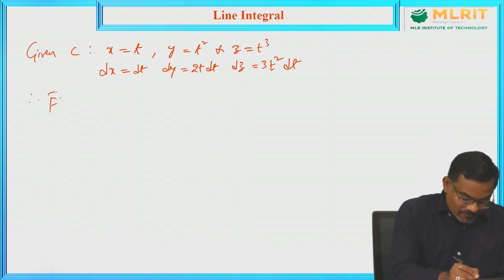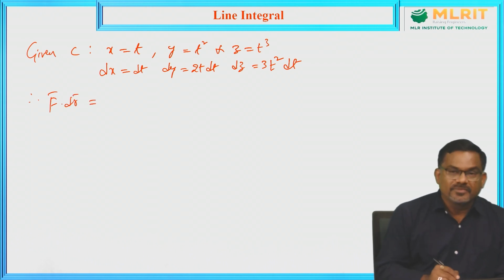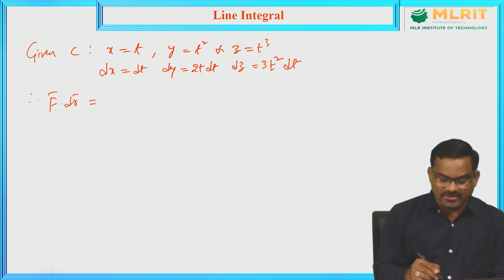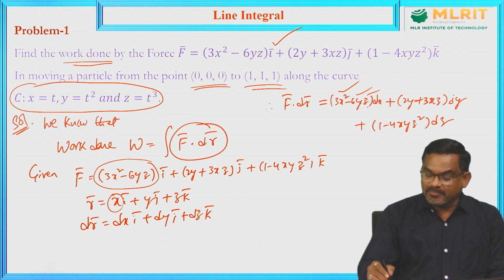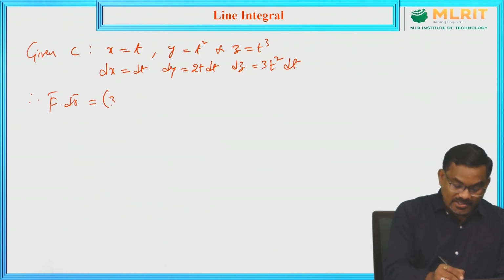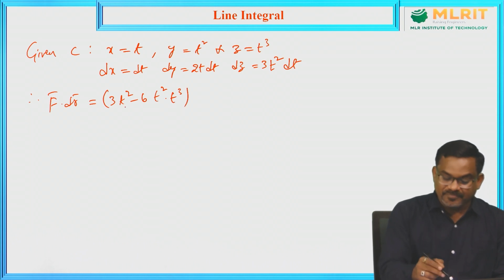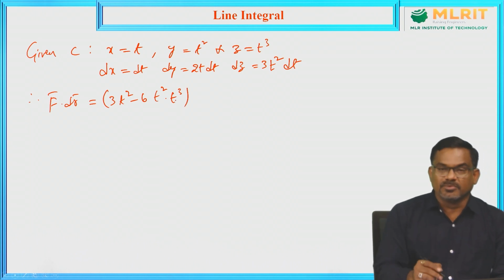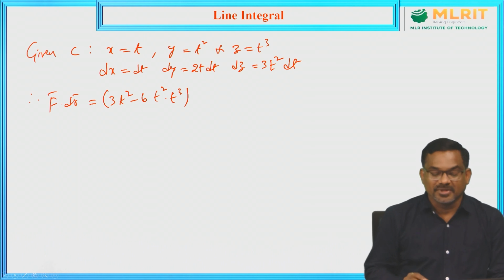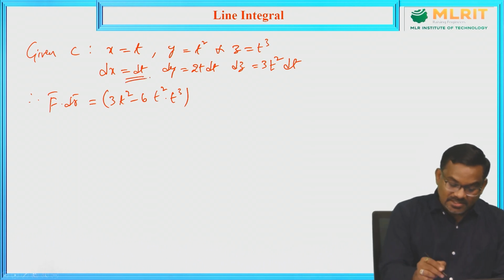Therefore, F bar dot dr bar is given by, once again going back to the previous slide, (3x square minus 6yz) dx. Since x is t, y is t square and z is t cube, let us substitute all the values here. What is dx? dt.